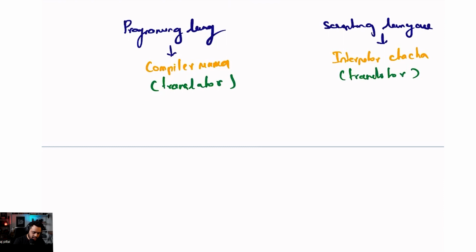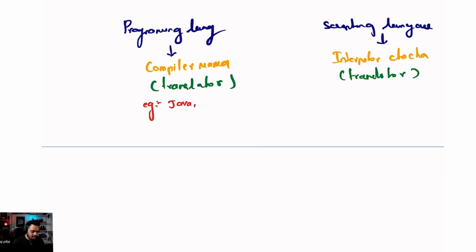Let me give a few examples. Which are the languages which use a compiler? One language we already know is Java. Java uses a compiler.